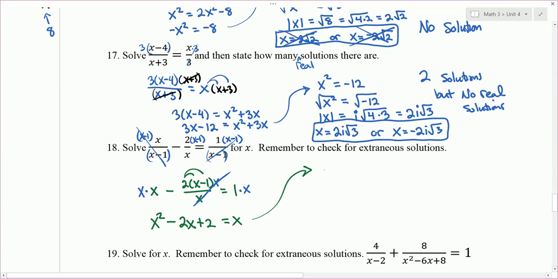Subtract x from both sides, because this is quadratic. You get x squared minus 3x plus 2 equals 0. And try to solve for x. In this case, I'm going to try to factor. I'm looking for two numbers that multiply to 2 and add to negative 3.